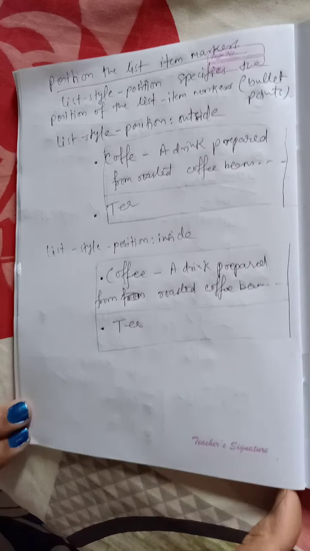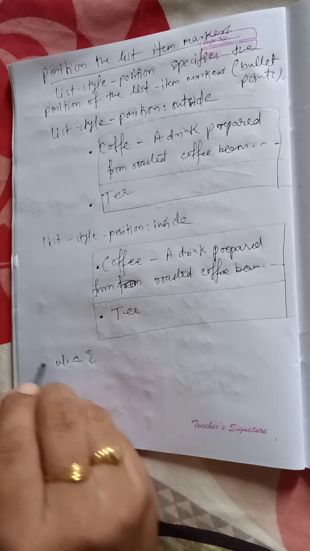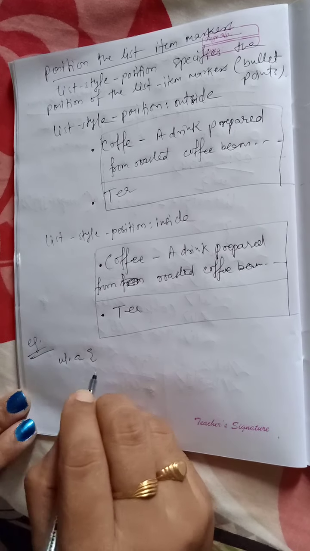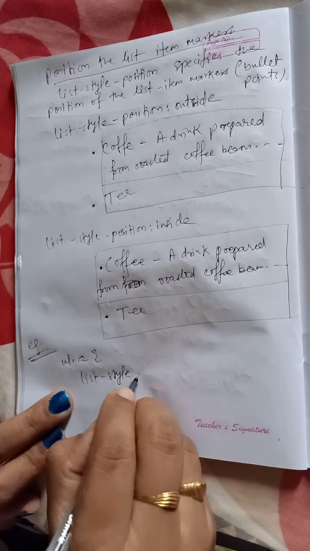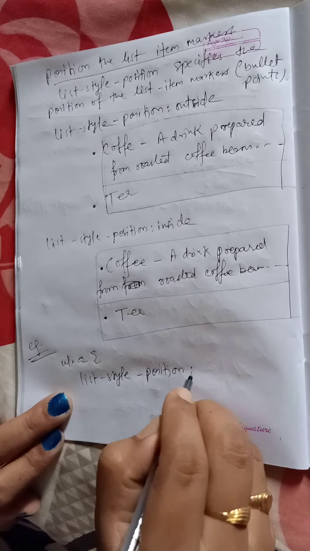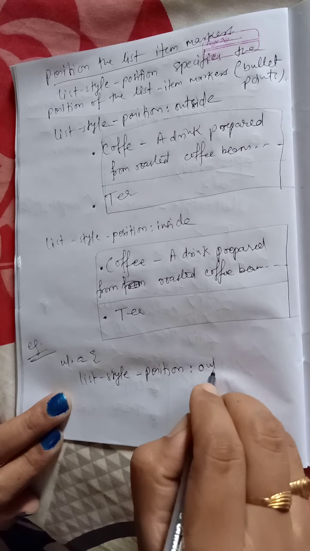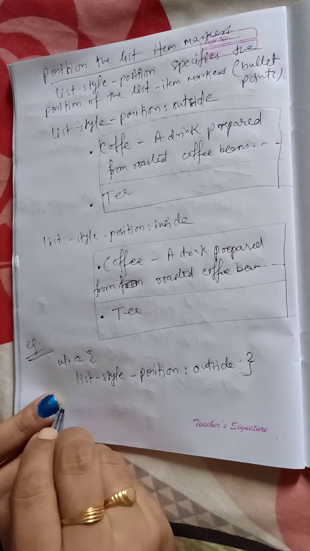So how can we mention these things? We use the property list style position, and we'll be writing it outside.